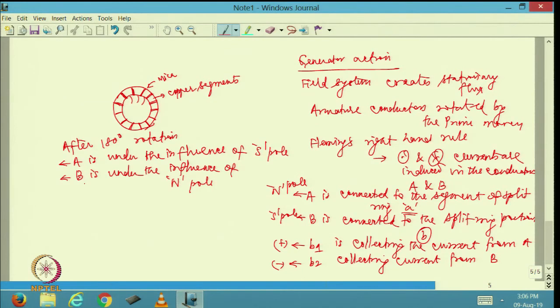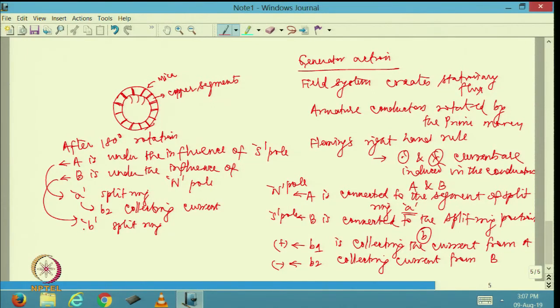Now, after this happens, I will have alternating current basically in A and B, but I do not want alternating current as the output. So, A is still connected to the A part of the split ring, but brush B2 is collecting current from this particular portion. As far as B is concerned, B is connected to the B portion of the split ring, but I am going to collect the current from here through brush B1.